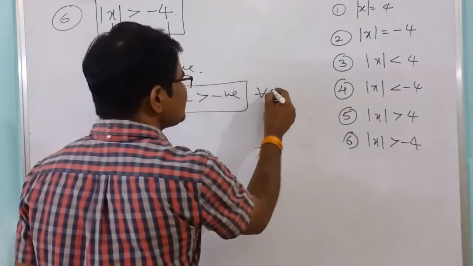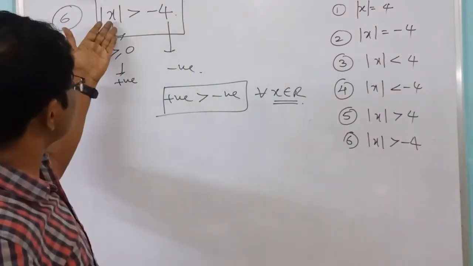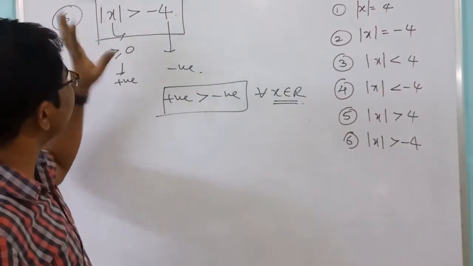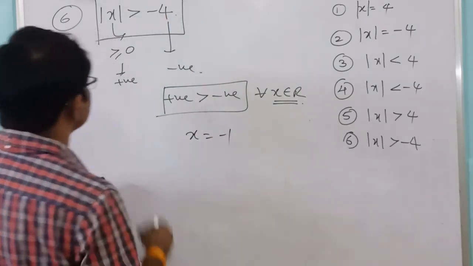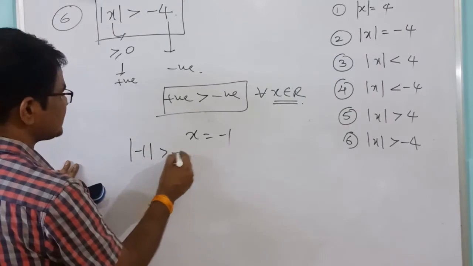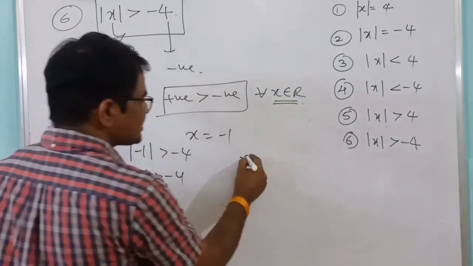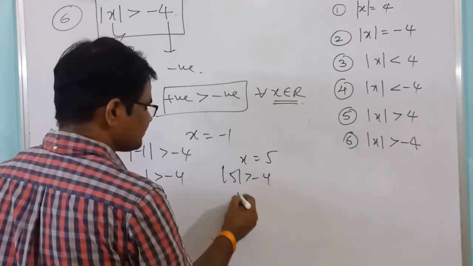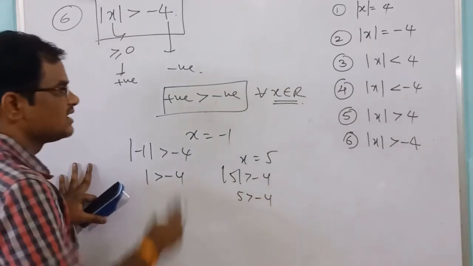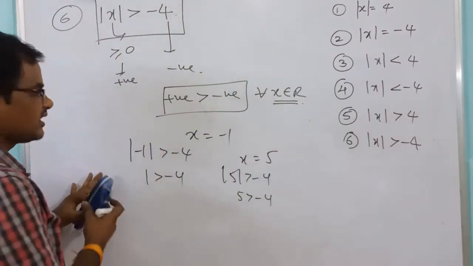Means this exists for all x belonging to real numbers. In place of x any real number you substitute, that is always greater than or equal to -4. Suppose if you take x equal to -1, modulus of -1 is 1, greater than -4. Suppose x equal to 5 you take, modulus of 5 is 5, greater than -4, like this. For all real numbers this condition exists. Okay, no?